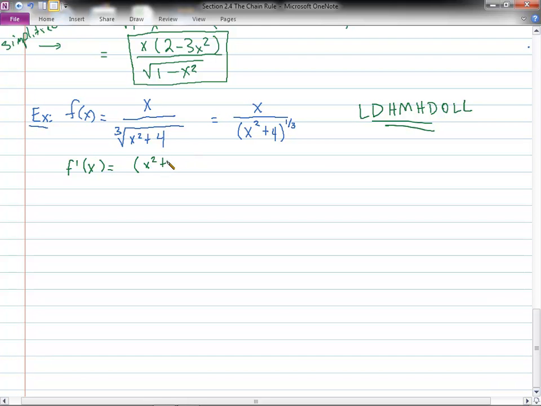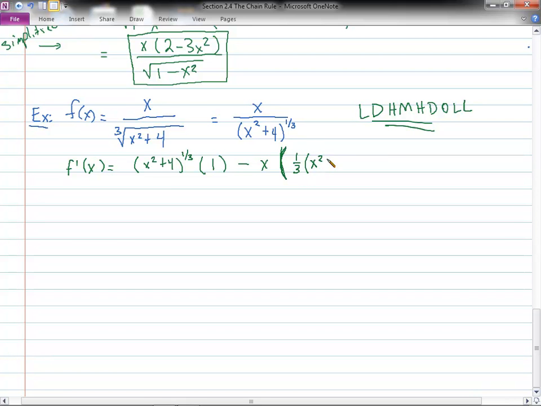So the denominator, low, is x squared plus 4 to the 1/3 power times the derivative of the numerator, which in this case is 1. Derivative of x is 1. Times high, d low. So now we're going to take the derivative of the denominator, which is now a composition of functions. We have x squared plus 4 raised to the 1/3.